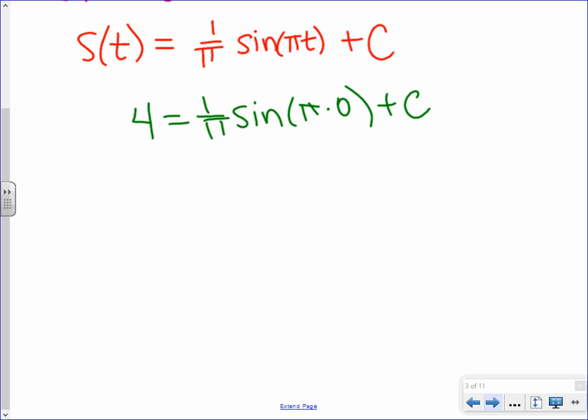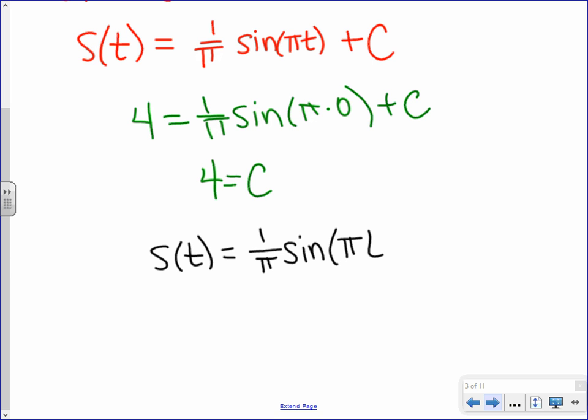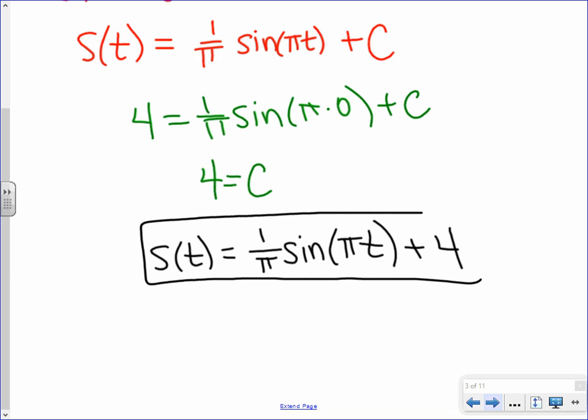What's the sine of 0? 0. So our C value is 4. So we've solved for C. We can plug it back into our position function. Our position function is 1 over pi sine of pi t plus 4.